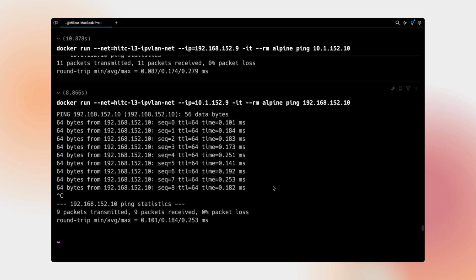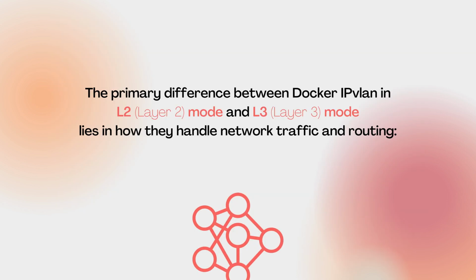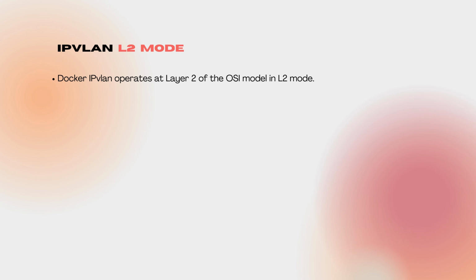This setup demonstrates how Docker IPvlan in layer 3 mode enables containers to be connected and communicate using IP addresses. The primary difference between Docker IPvlan in layer 2 mode and layer 3 mode lies in how they handle network traffic and routing. In layer 2 mode, Docker IPvlan operates at layer 2 of the OSI model.